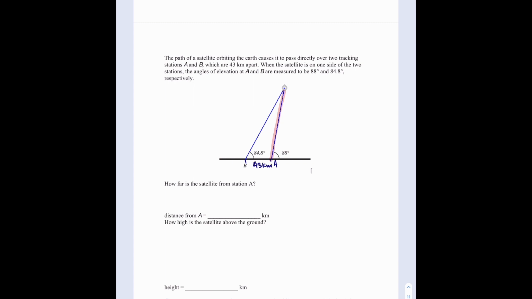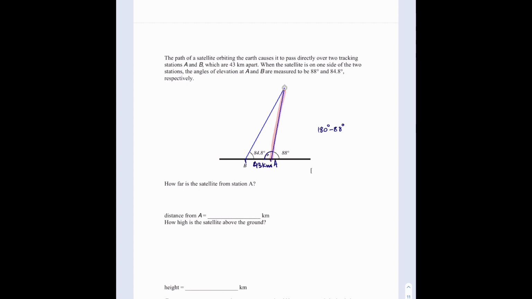The first step here is to find all of the angles of the triangle. So this angle right here is equal to 180 degrees minus 88 degrees, which is 92 degrees.